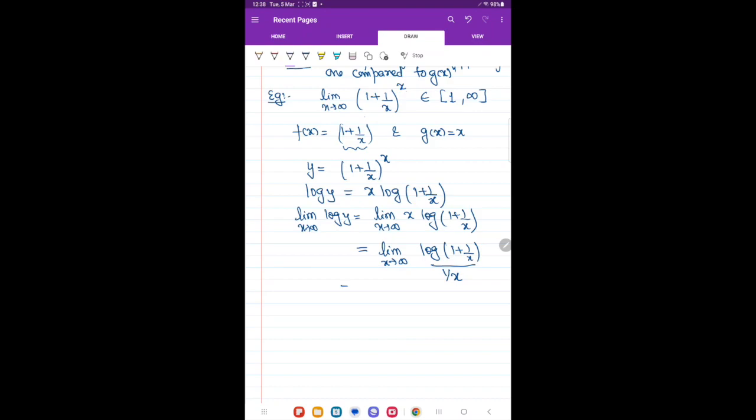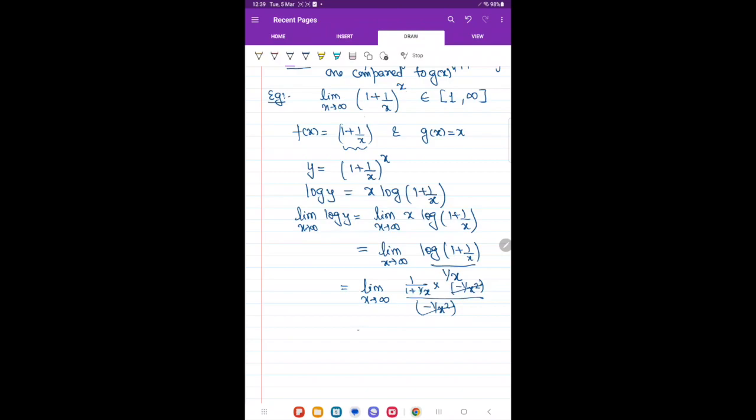So you can use L'Hospital's rule to obtain that this will be equal to 1 upon 1 plus 1 over x times minus 1 over x square, divided by minus 1 over x square. I have differentiated the numerator and denominator separately.